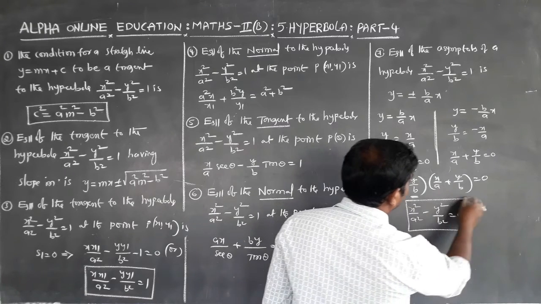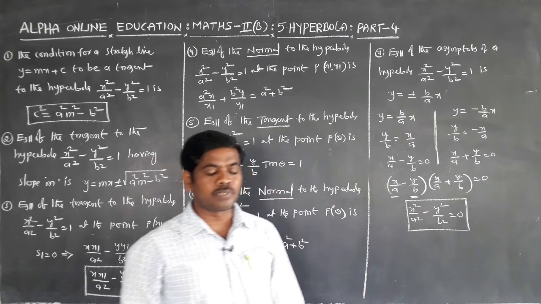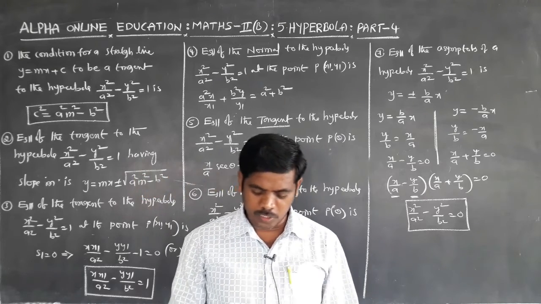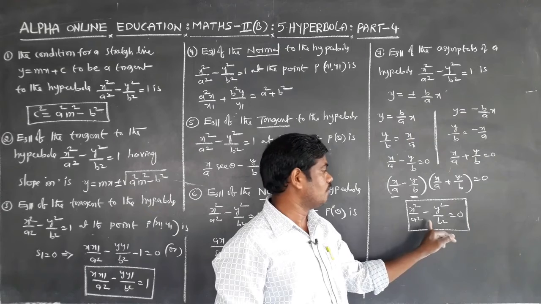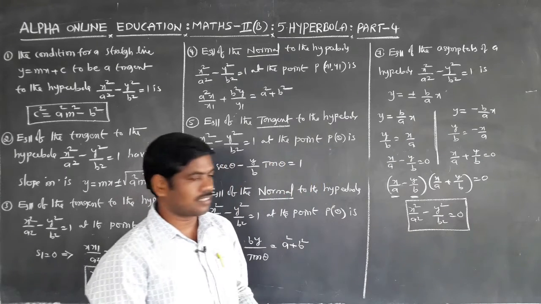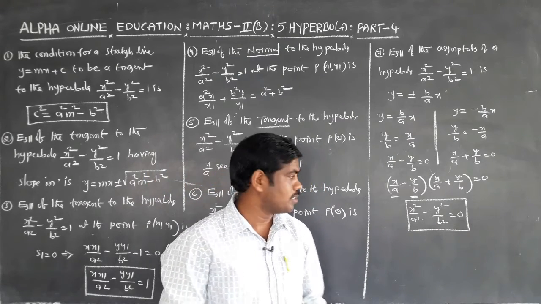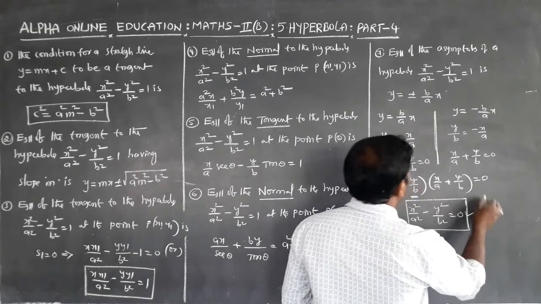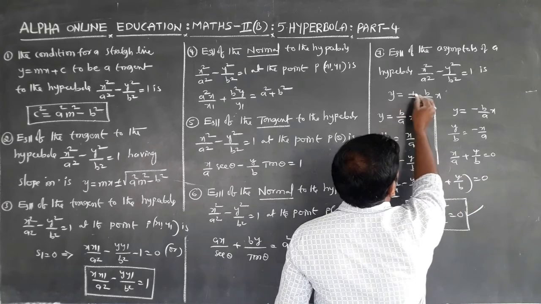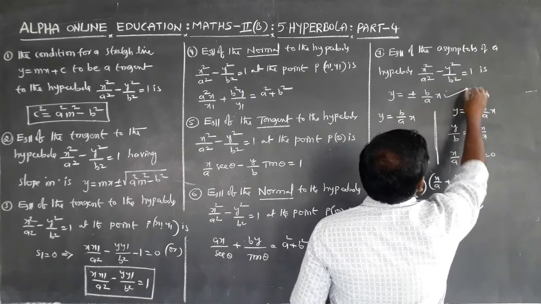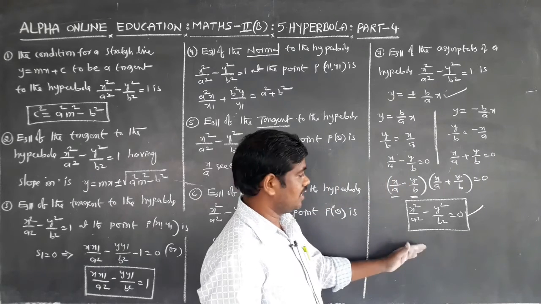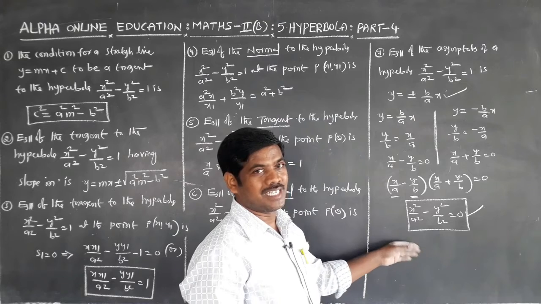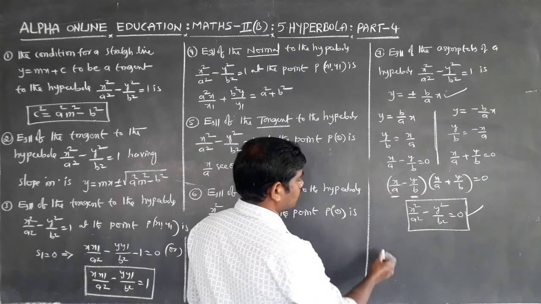This is the equation of the asymptotes of a hyperbola. The hyperbola x square by a square minus y square by b square equal to 1 has asymptotes x square by a square minus y square by b square equal to 0, or y is equal to plus or minus b by a into x. So, this is the equation of the asymptotes of the hyperbola.